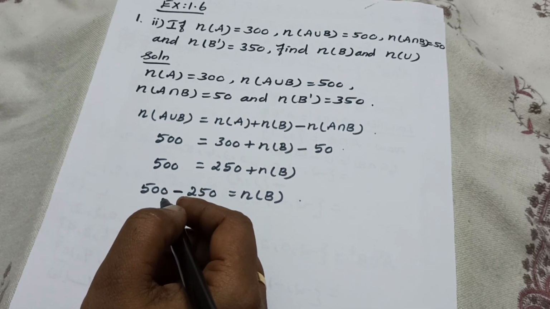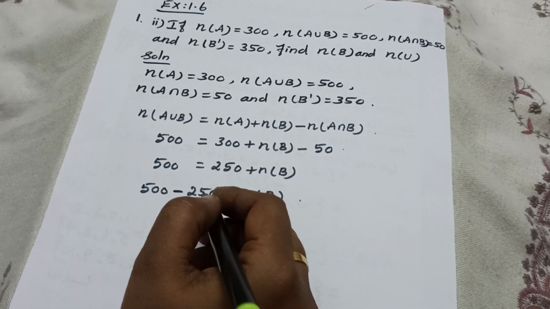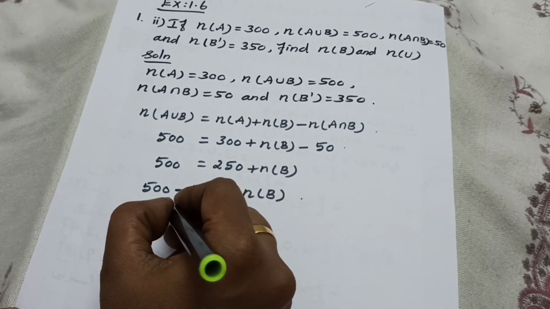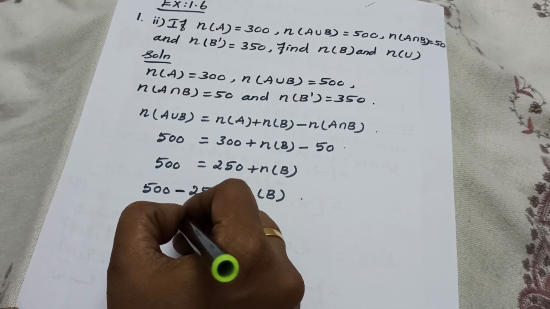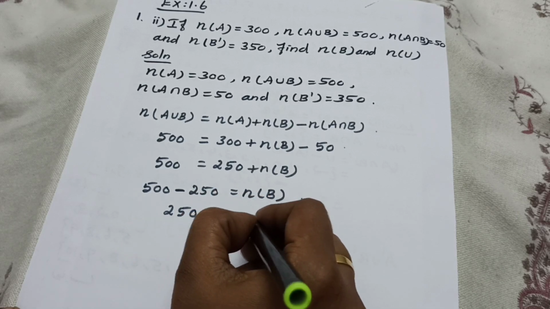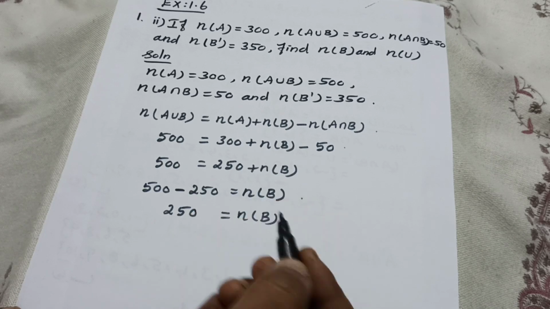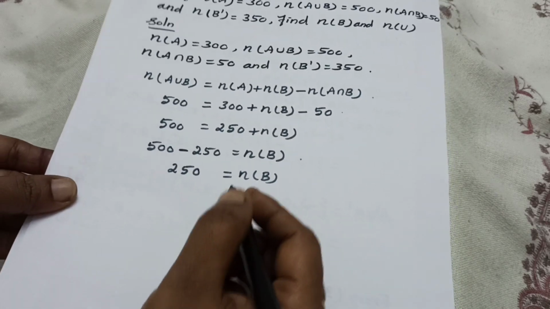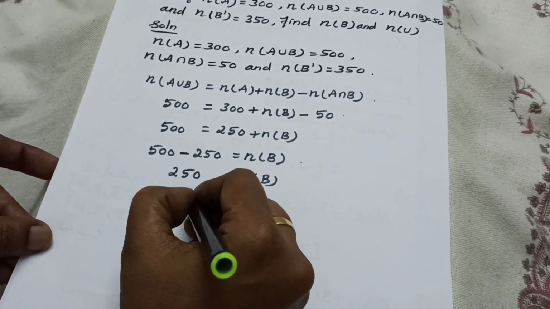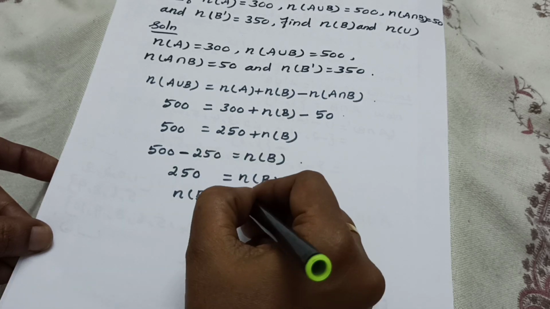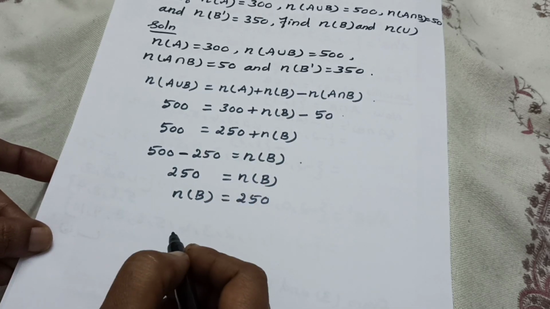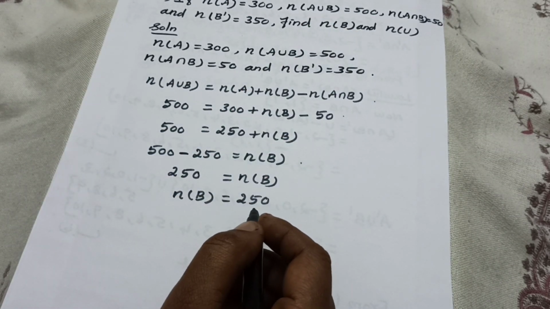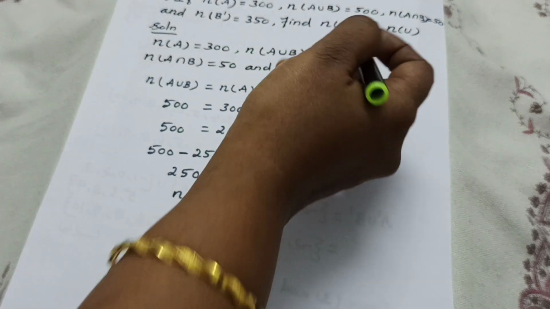Then 500 minus 250, if you subtract, then 250 we will get, equal to n of B. Okay, so we have to interchange. Interchange means the sign it won't change. This n of B we have to bring this side, then 250 you bring right hand side. Okay, then what's the answer? n of B is equal to 250 we got. One answer we got, isn't it?